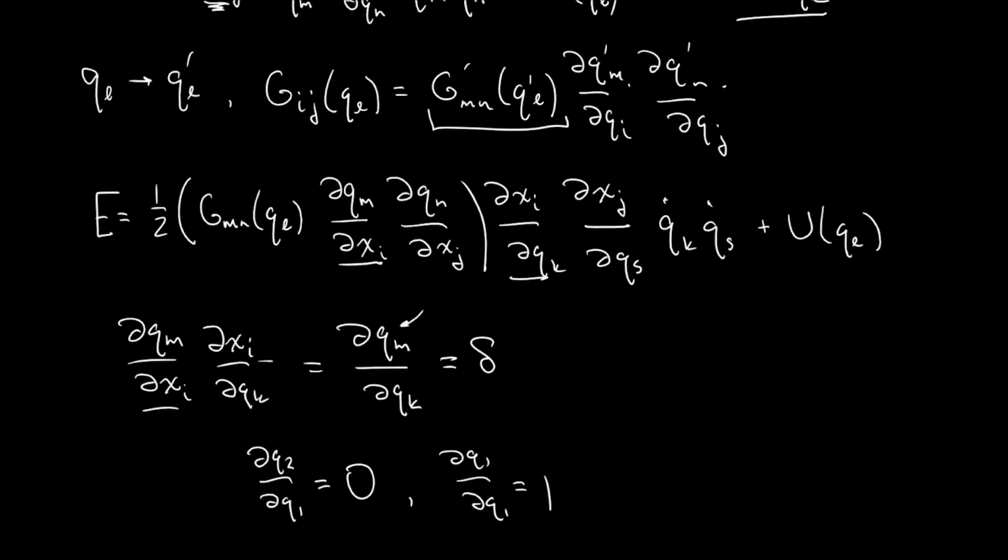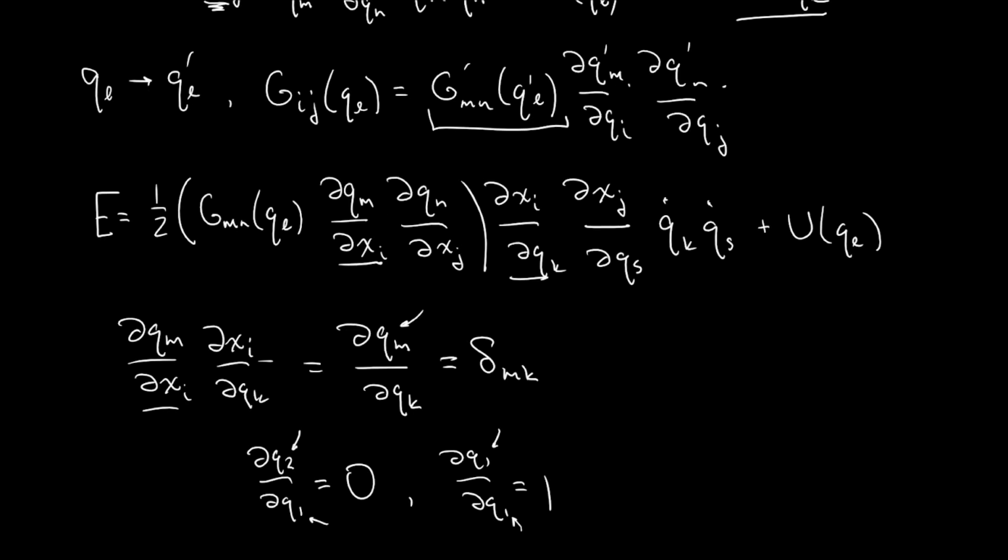So this is just a Kronecker delta between these two indices. Right, because the second coordinate has no dependence on the first coordinate. But the first coordinate is the first coordinate, so that just gives me 1. Hopefully that's clear why this gives the Kronecker delta.